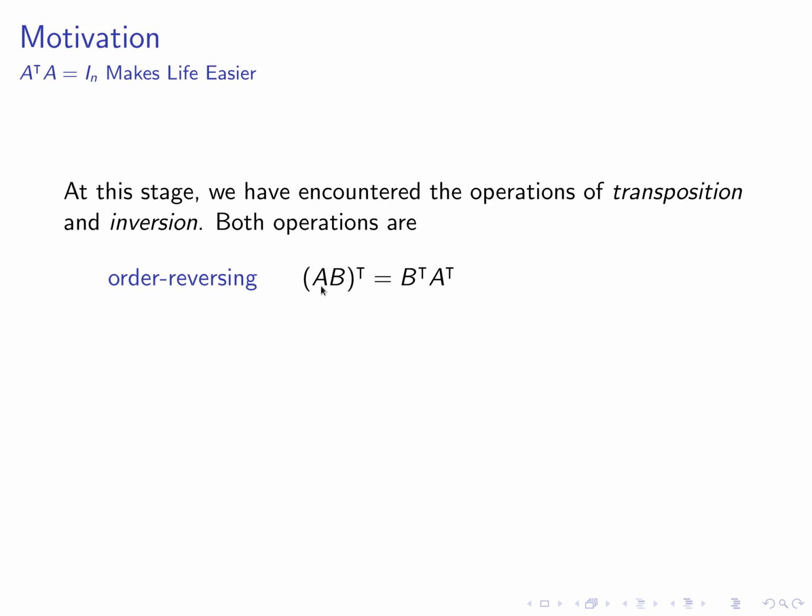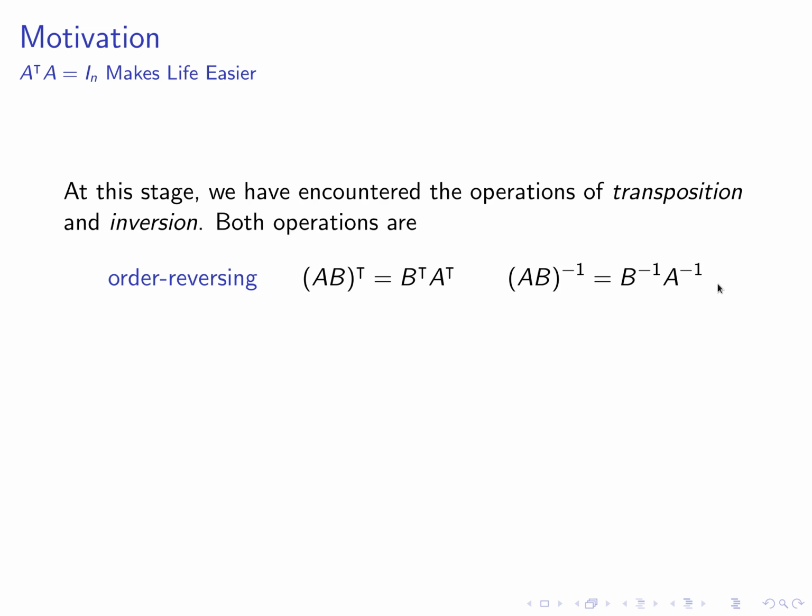Well, the idea is that if we multiply two matrices together and then transpose the result, this is the same thing as multiplying the transposes together, but we have to reverse the order of the product. The same is true for inversion. If we want to invert the product of two invertible matrices, we can accomplish this by inverting the two matrices individually, but we have to multiply them together in the opposite order.